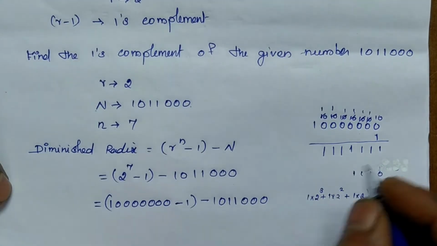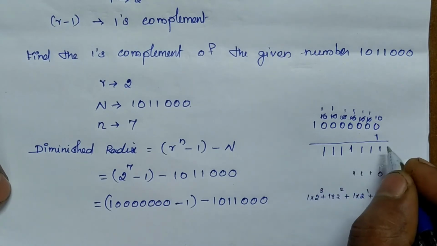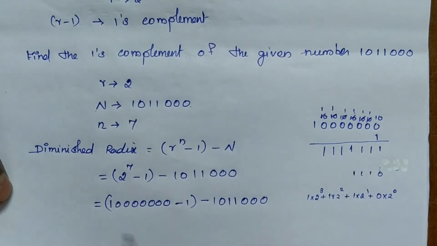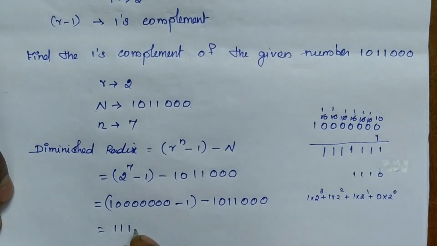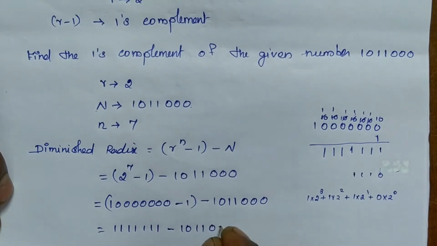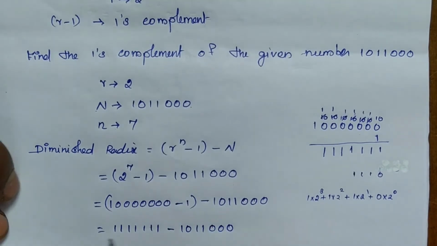Therefore this is what the 2 power 7 minus 1. Therefore I will have 7 ones minus 1 0 1 1 0 0 0. Now we need to subtract these two values.